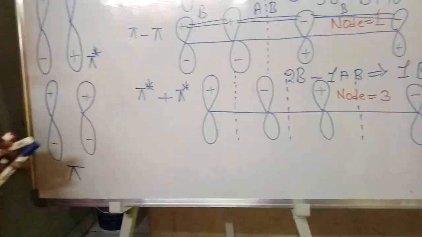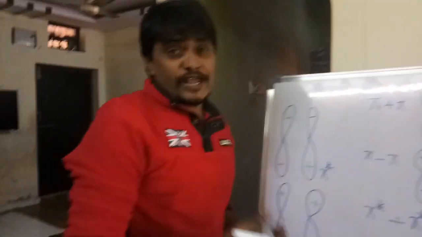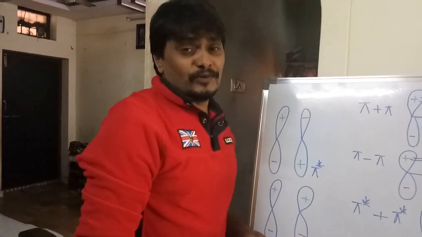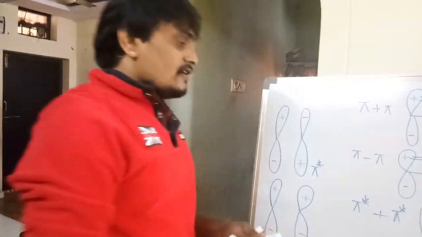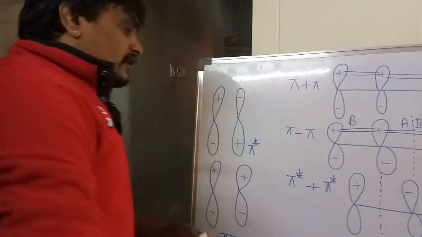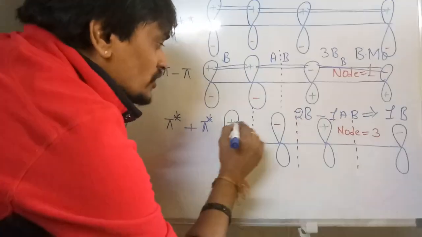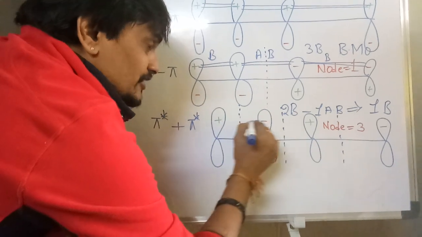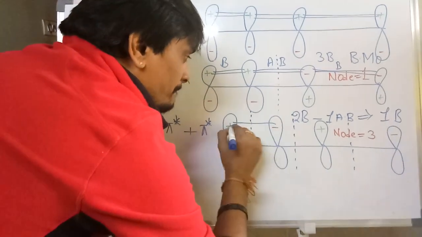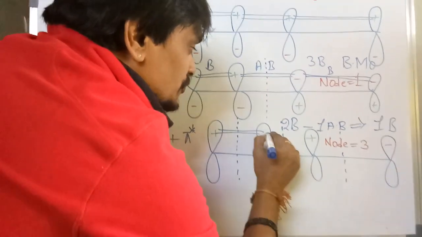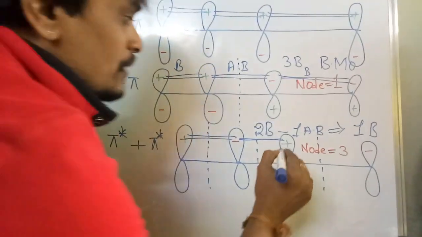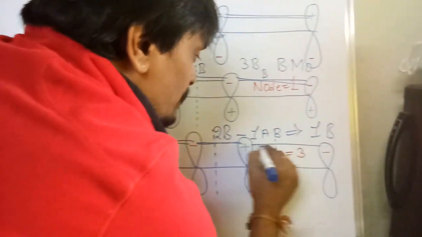Now let us decide whether it is bonding molecular orbital or anti-bonding molecular orbital. That is also important, right? Positive, negative, it is anti-bonding. Negative, positive, anti-bonding. Positive, negative, anti-bonding.